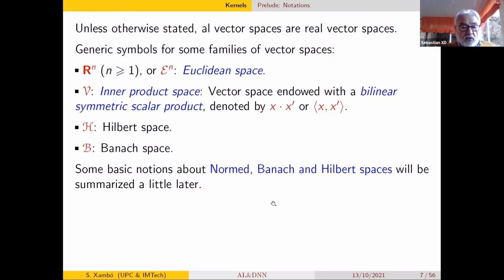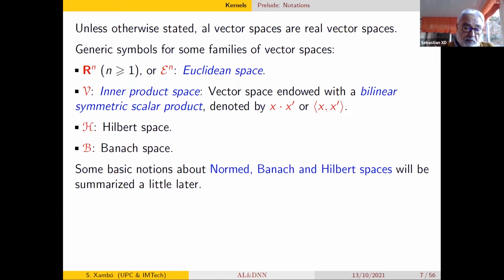I'm going to write this curly V for an inner product space. This is what it means: a vector space with a bilinear symmetric scalar product. This is denoted by x dot x prime, or by these angles, ⟨x, x'⟩. In any case, this is the inner product of the space.